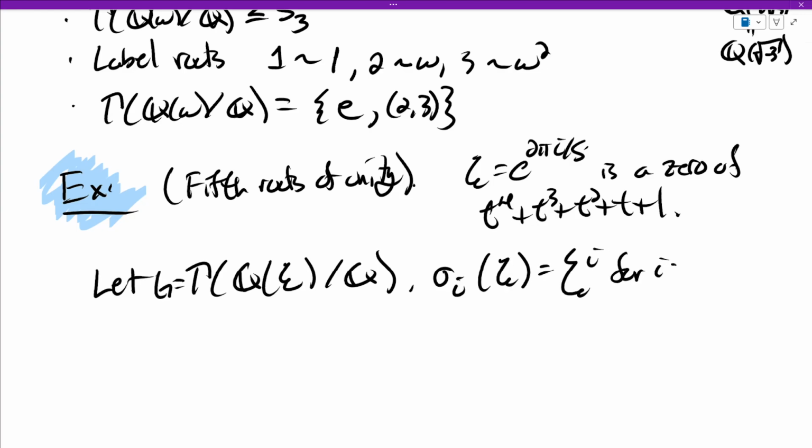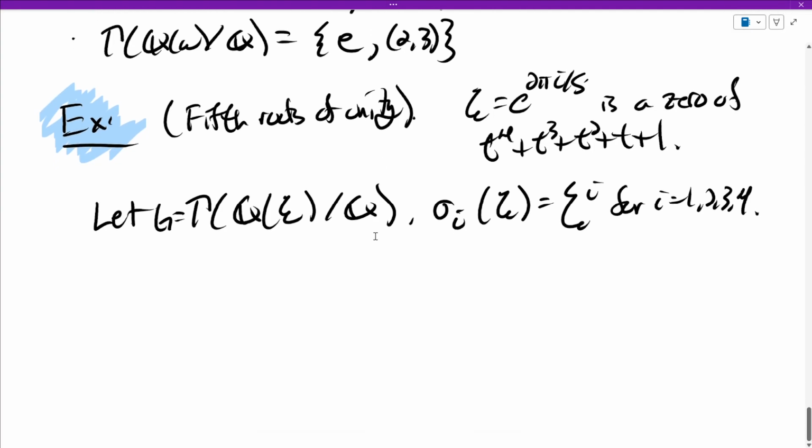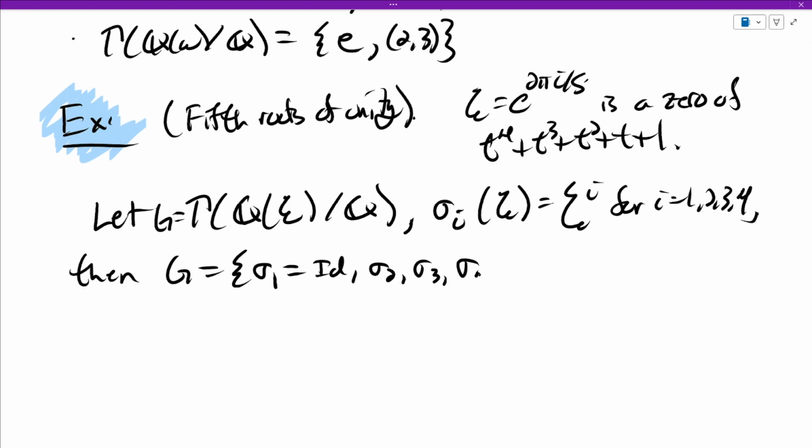So G is just sigma 1, the guy that takes zeta to zeta, which is of course the identity, and we have sigma 2, sigma 3, sigma 4.